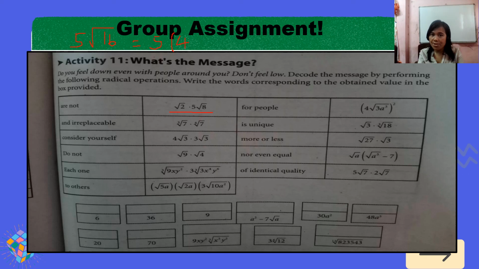And of course, 5 times 4 is 20. So, meron tayong 20. Yung sagot natin, hanapin natin dito sa baba para ma-decode yung message. Okay? Yung 20 is andito siya. So, ano yung isusulat ko on top of 20? Yung word na "are not." So, transfer mo si "are not" here.